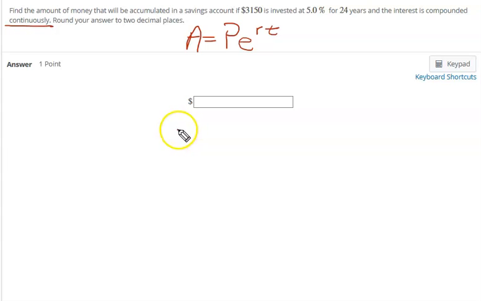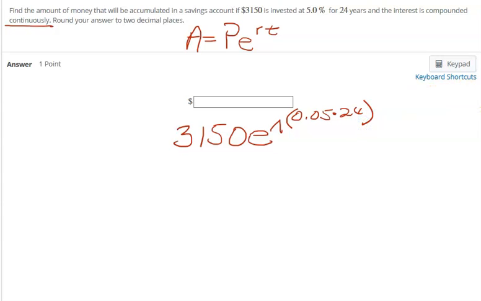Our principal is 3150 times Euler's e, and then caret. You have to be careful. Some calculators include the caret, others you have to physically put it in. That's 0.05 times the number of years, 24. And let's see what you get.